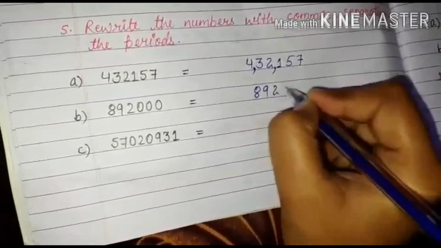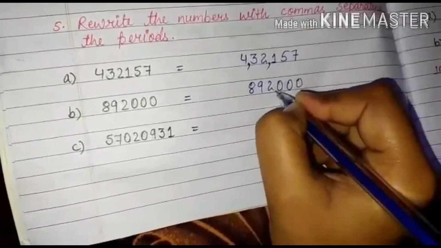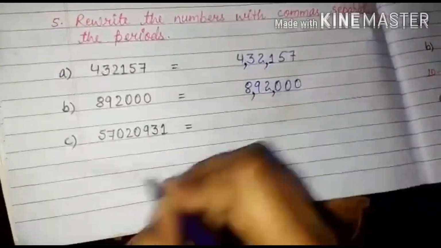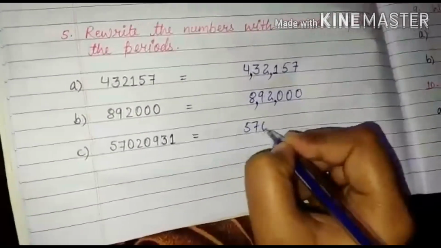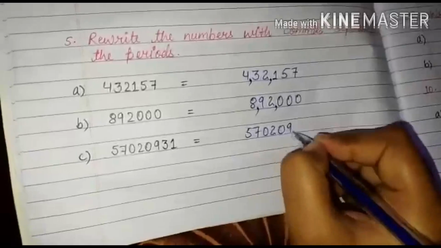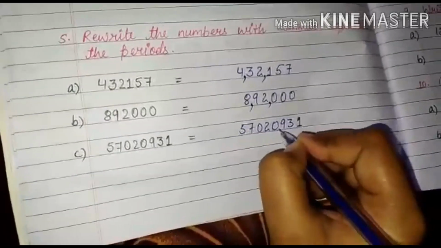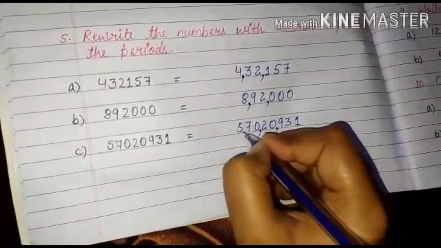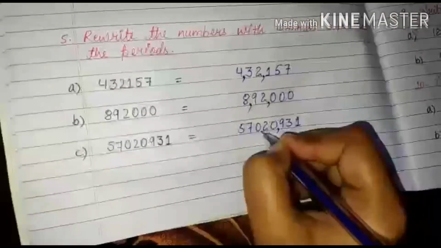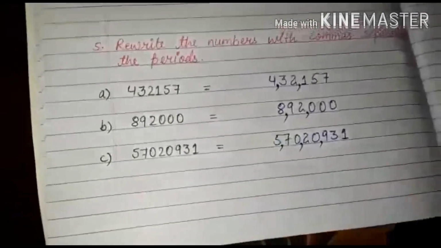It's good. 8, 9, 2. Just remember, after 3 places and then after 2 places you have to put the commas. It is the easiest question of the exercise. 3 places, then 2 places, then 2 places again.